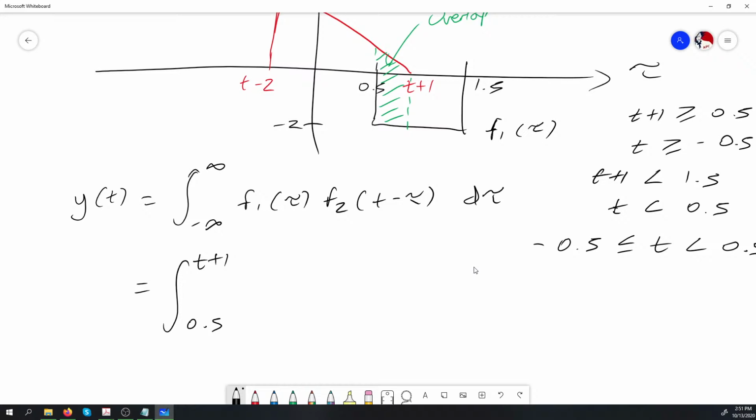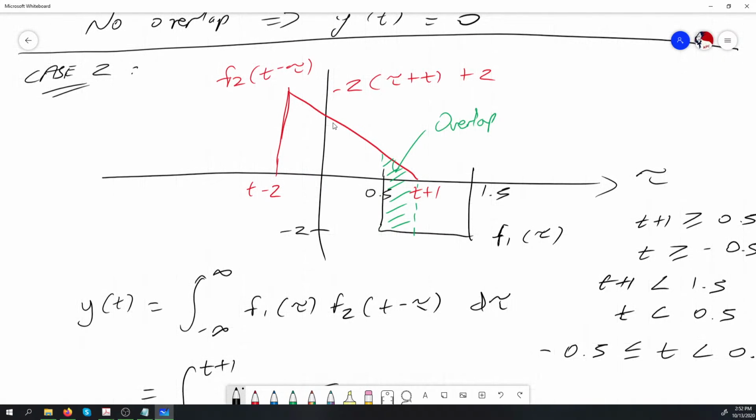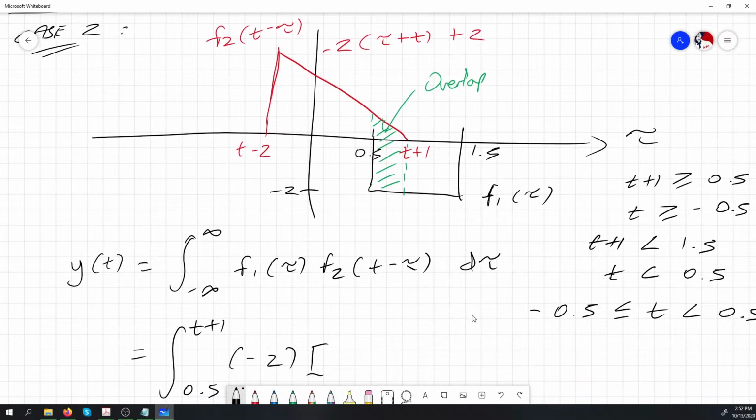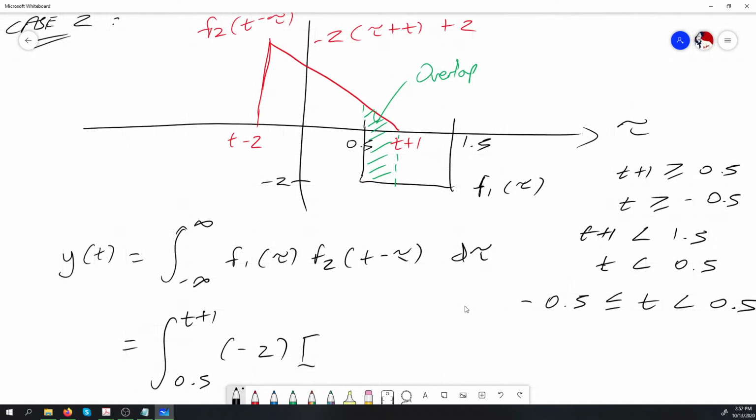f1 of tau here was basically a value of minus 2. And then for f2 of t minus tau here, we need the value of the equation for our straight line, which is going to be minus 2. I want to expand this out accordingly. So it's going to be minus 2 tau plus 2t plus 2 into d tau.